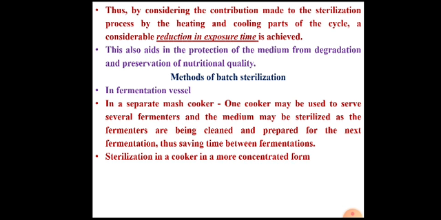So this also saves a lot of time between fermentations. The fermentation vessel is not engaged during sterilization. Sterilization in a cooker is possible in more concentrated form, which is a limitation in the fermenter because there may be corrosion.